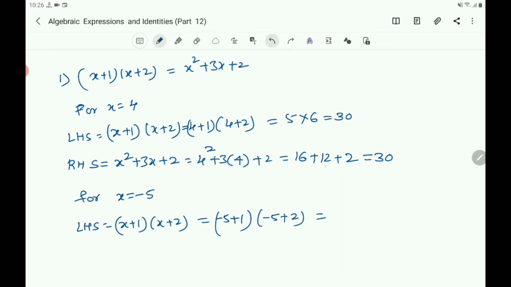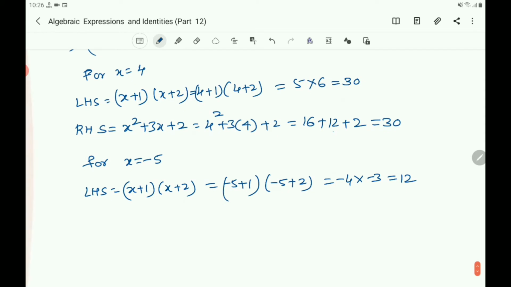Minus 5 plus 1 is minus 4, and minus 5 plus 2 is minus 3. Minus 4 into minus 3, minus into minus is plus, is 12. You got 12 here.